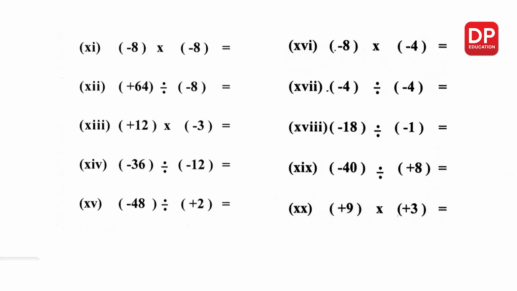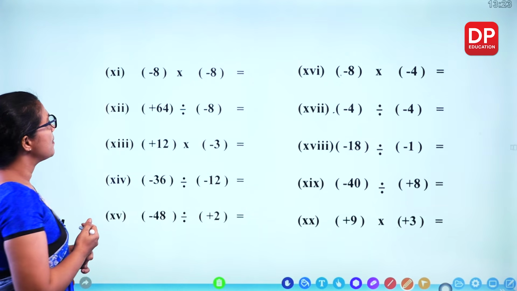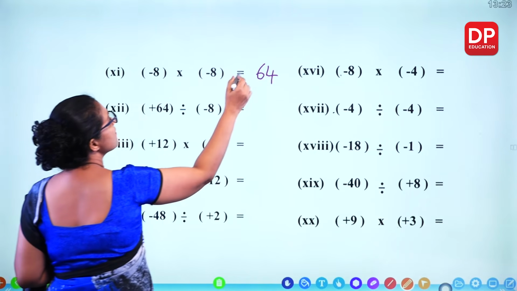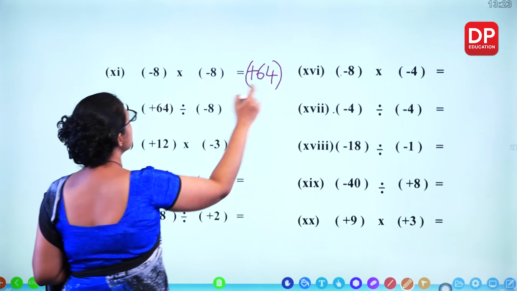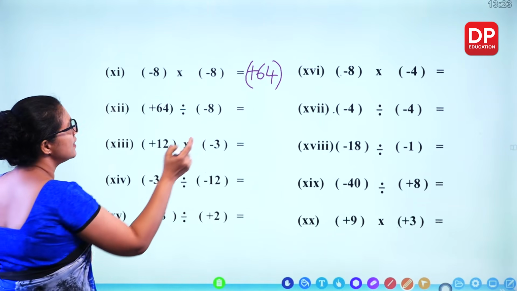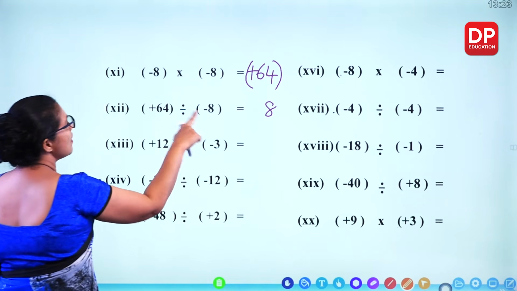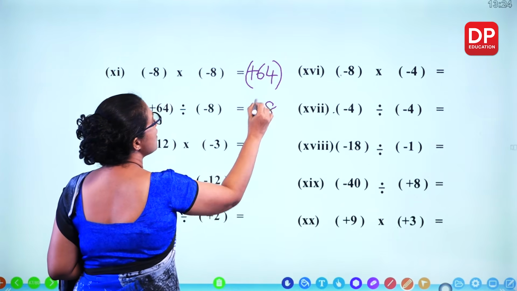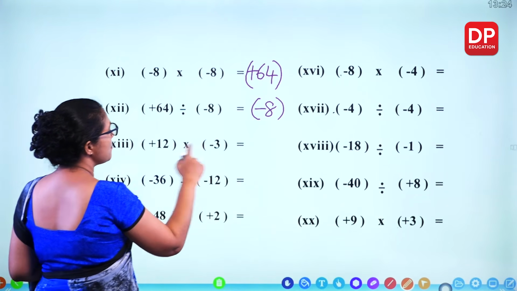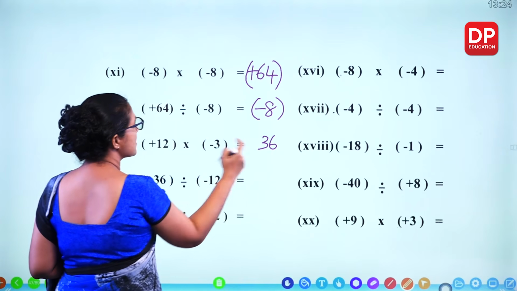Again, 8 times 8, multiplication, 64. Both negative, you get plus. Now division, 64 divided by 8, that's 8. One positive, one negative, answer is negative. 12 times 3 multiplication, you get 36.